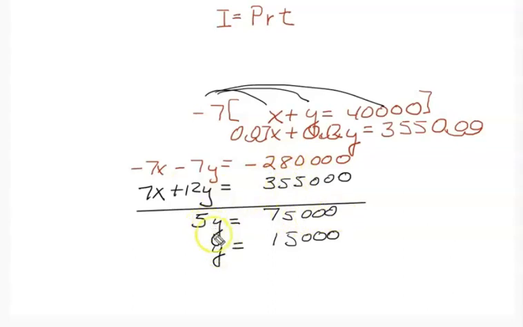Divided both sides by 5, I get y is 15,000. Well, if this is 15,000 and x plus y is 40,000, you can see that x is going to be 25,000.